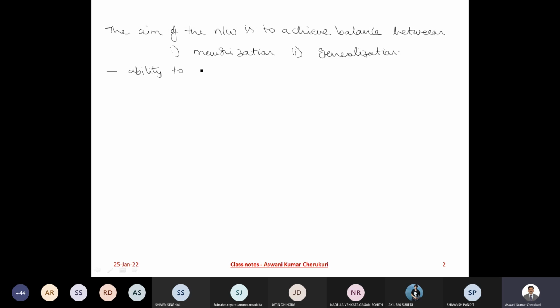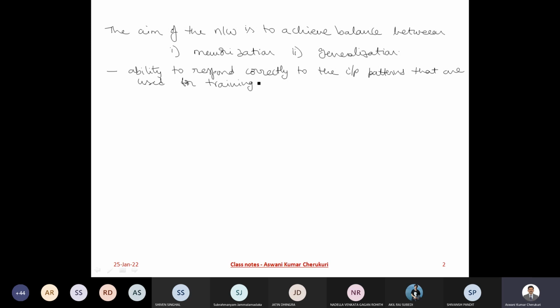So that means the ability to respond correctly to the input patterns that are used for training.